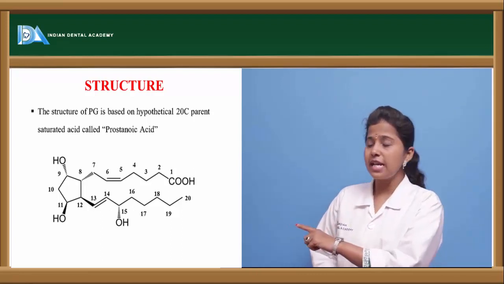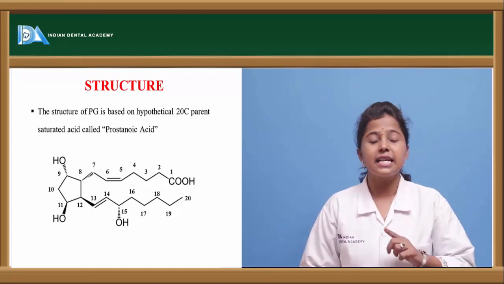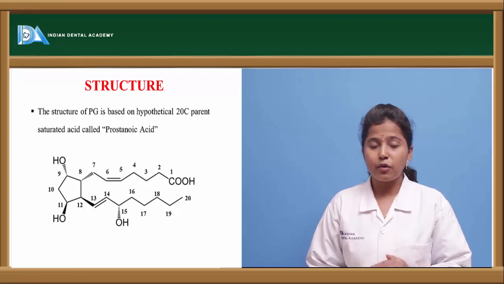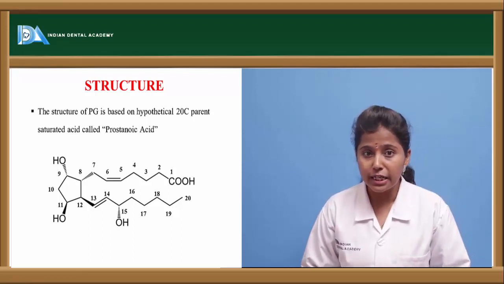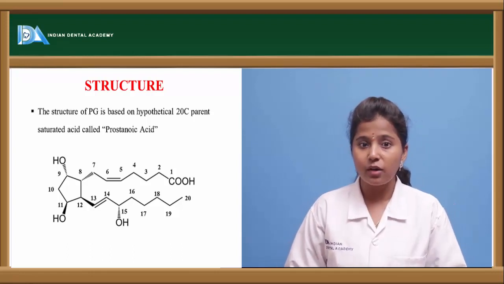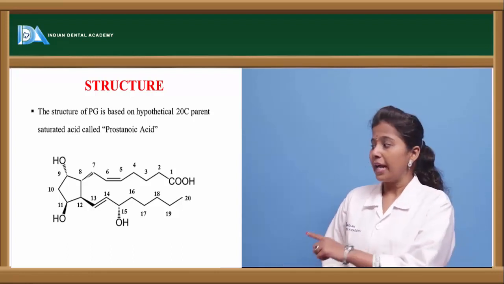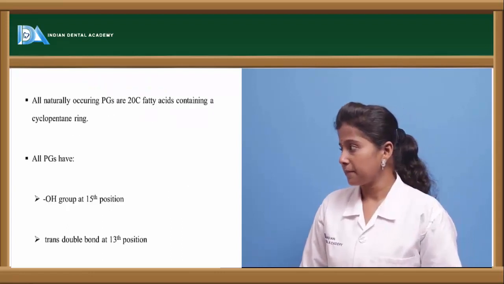We can also see that at the position of C13 and C6 there is a trans double bond, and the main action of these prostaglandins is due to the C13 trans double bond and the OH group present on the C15 carbon atom.